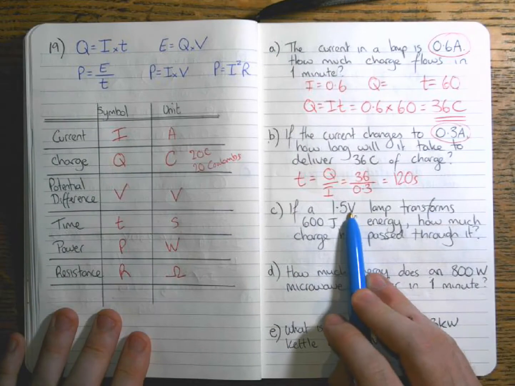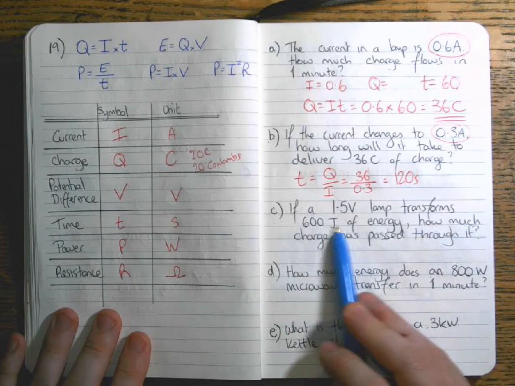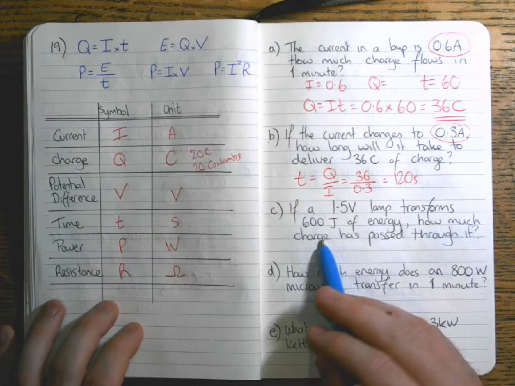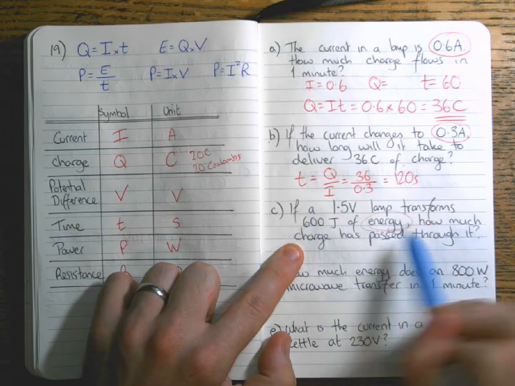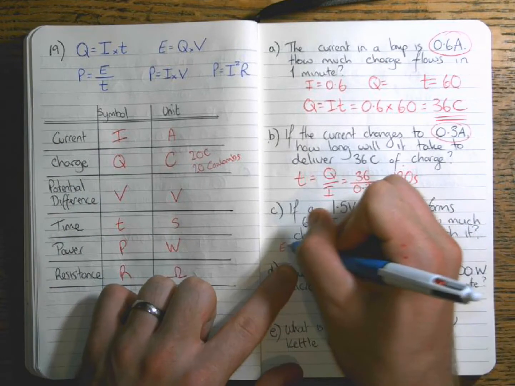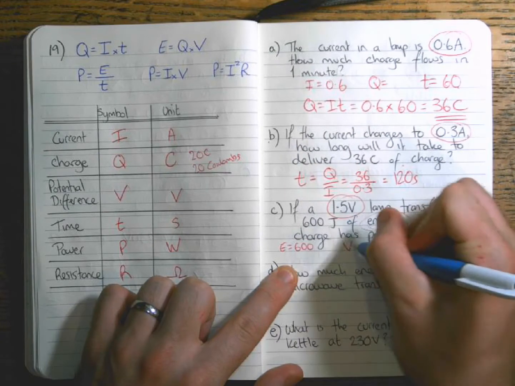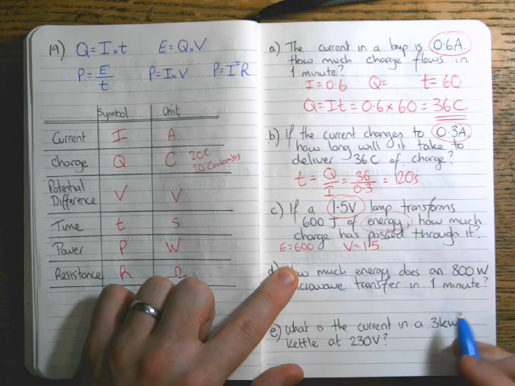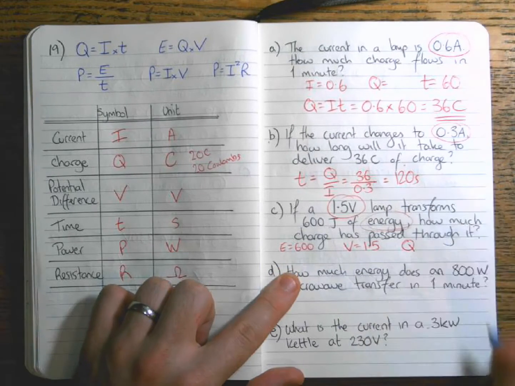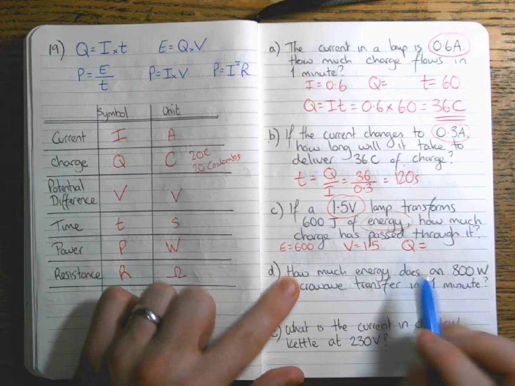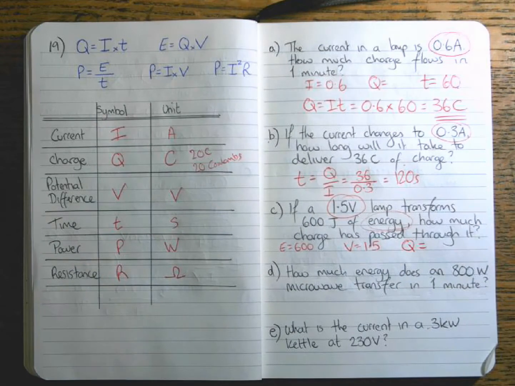We've got a 1.5 volt lamp that transforms 600 joules of energy. How much charge? Right, this is not the same as this because now we're talking about energy. So we've got E, 600, we've got V, 1.5, and it's asking us to work out how much charge Q. Which equation involves energy, charge and voltage?